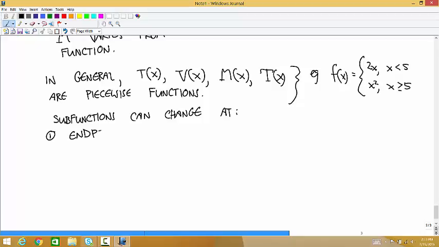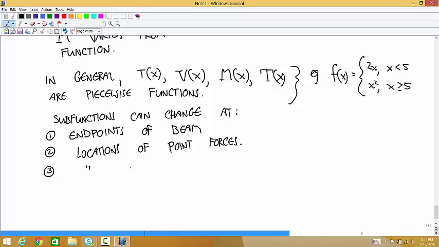Endpoints of the beam, places where point forces are applied to the beam, the locations of point couples applied to the beam, and the last one is locations where distributed load functions change.